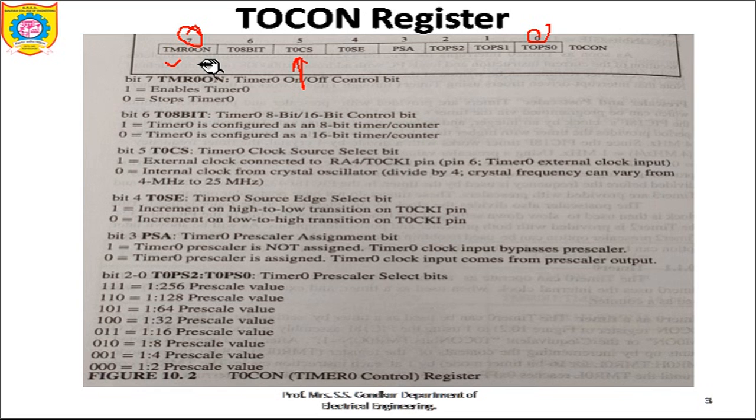If this bit is 1, your timer is on, and if this bit is 0, the timer is off. There is a second bit, the T08BIT. It is at the bit number 6 position.